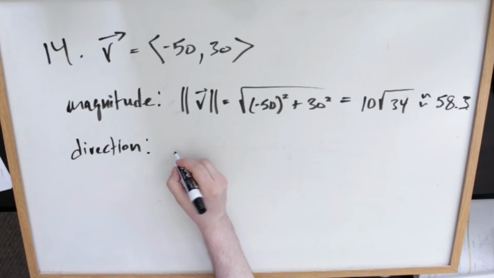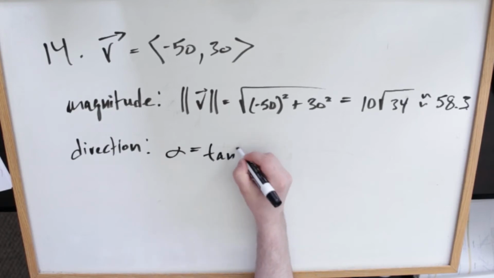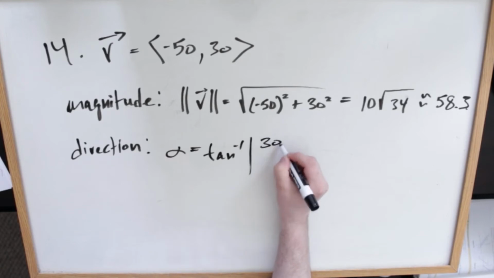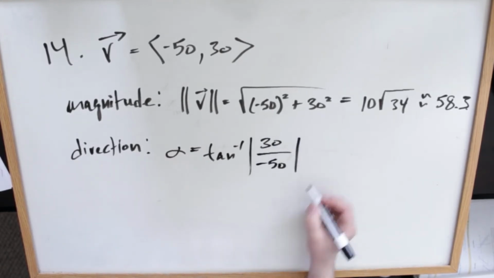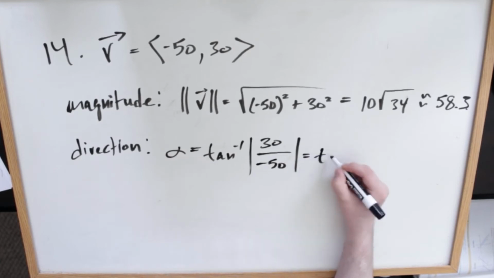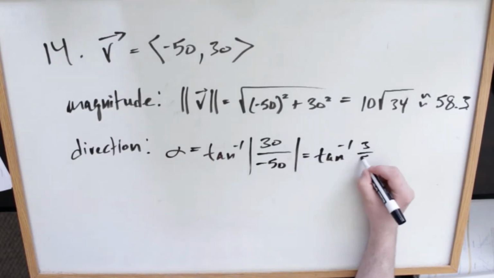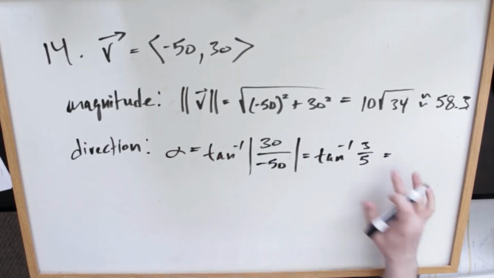So in a sense, this is what we have. We have alpha is equal to, you can use theta, it doesn't matter. I don't know why I just said alpha, because that's what the book uses. This is going to be the absolute value of 30 over -50. And this is equal to inverse tangent of 3/5, which is equal to, well, I'll approximate it.